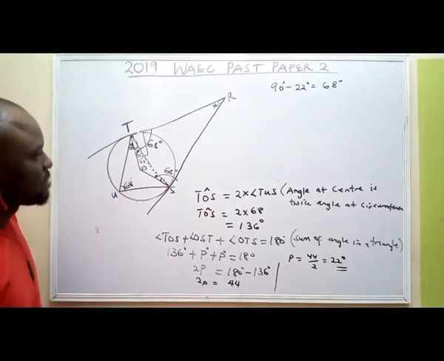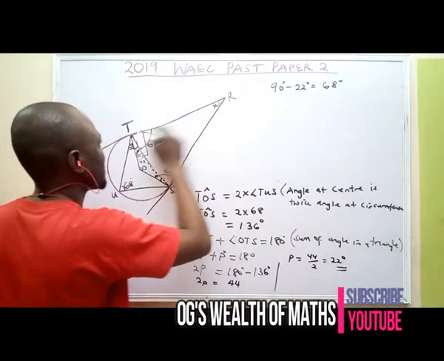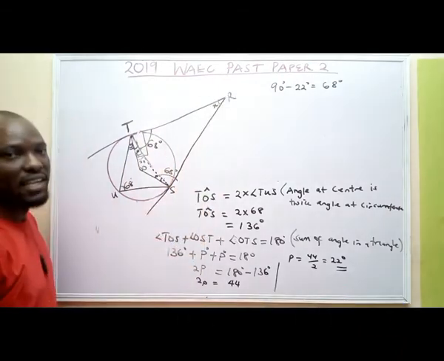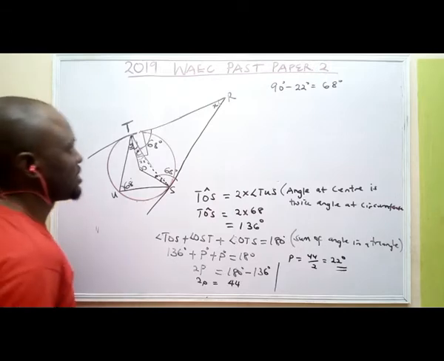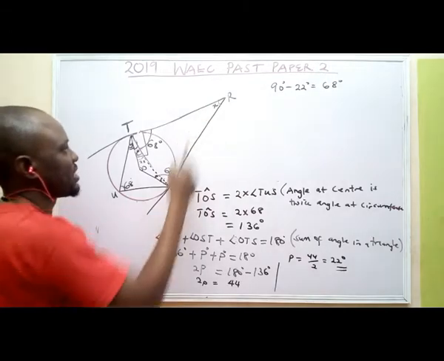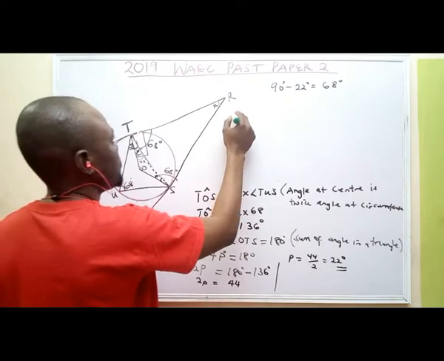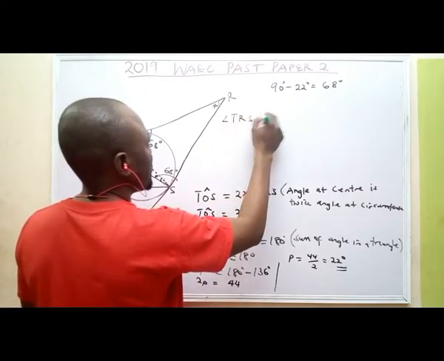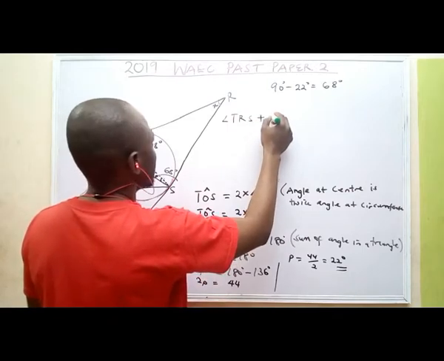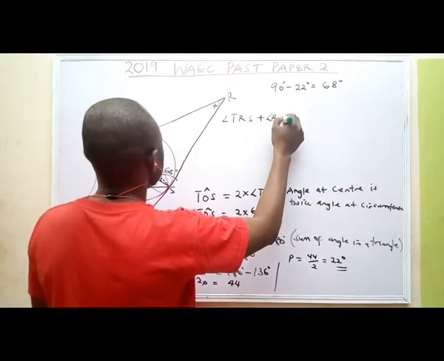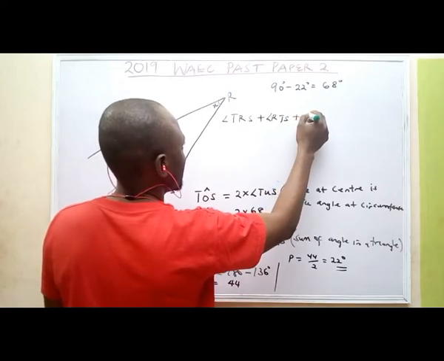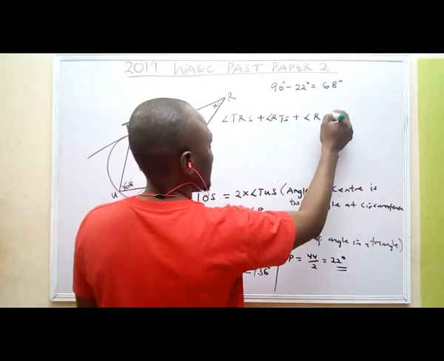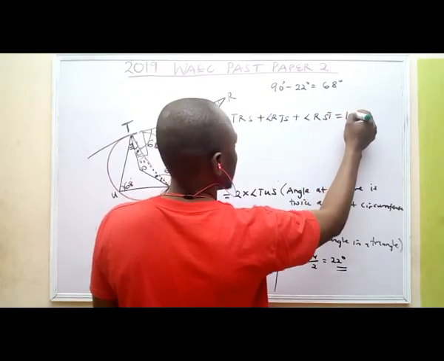How did I know that? Because this tangent, TS, TR, and SR are the same, they have the same length. I already said that. So now to get X, I'm going to do angle TRS plus angle RTS plus angle RST equals 180 degrees.